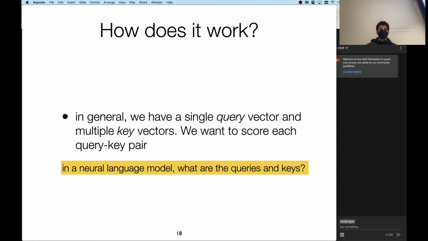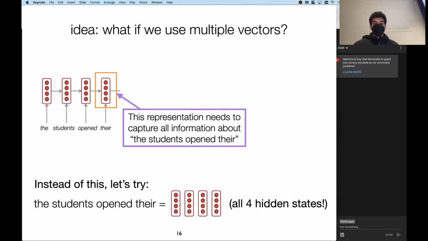All right, so how does it work? At a high level, when we want to compute attention, we have a single query vector, and we're going to use this query vector to compute scores over a bunch of different keys. In our language model setup, we might have the case that our current hidden state, h sub t, is used as a query vector, and all of the previous hidden states are used as key vectors.